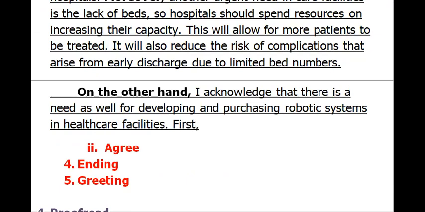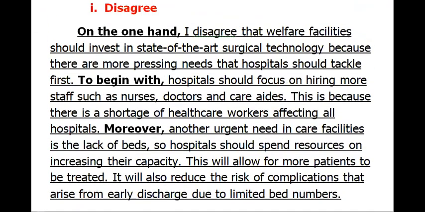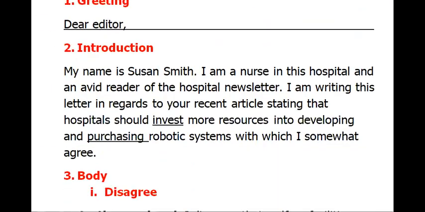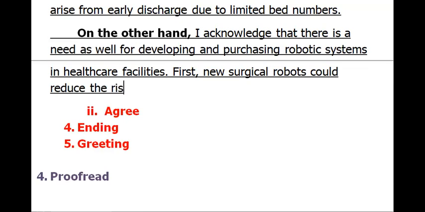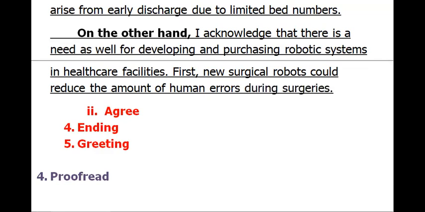First, use a transition word. We could say use of surgical robots could, what do we say? Reduce human error. Okay. Could reduce the risk and the amount of human errors during surgeries.